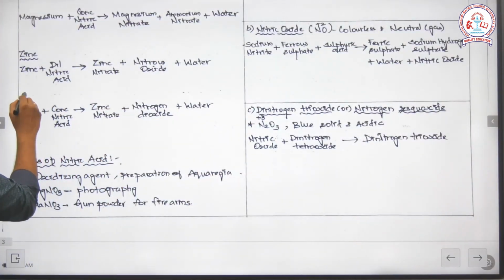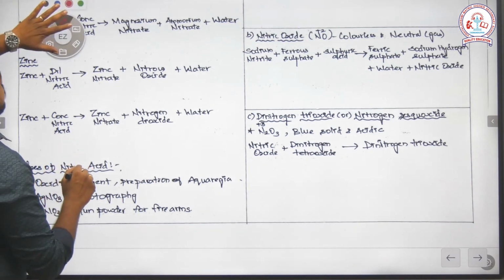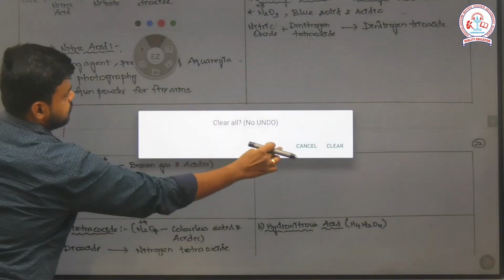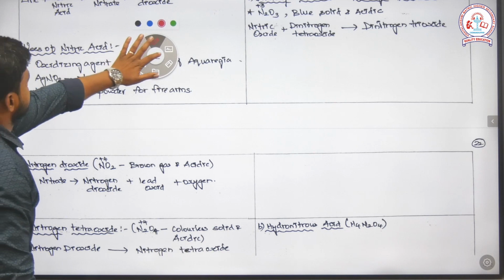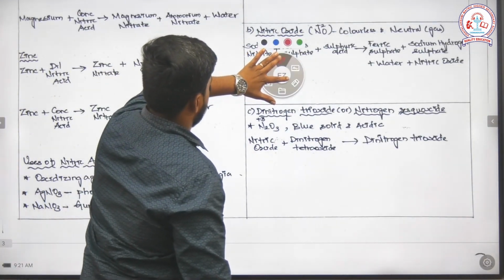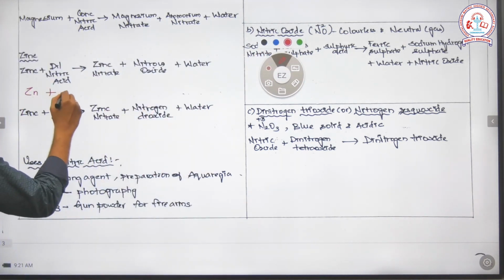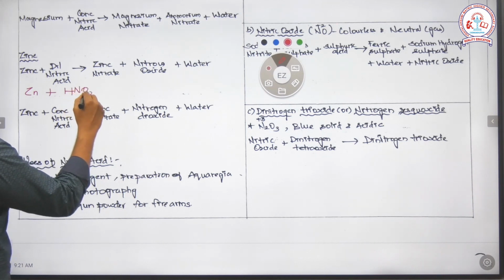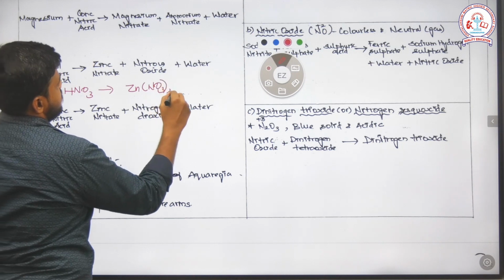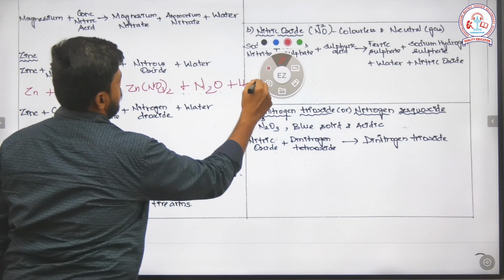If the reaction takes place in the ratio of 4:10 as we have seen in magnesium, let us check. So zinc with nitric acid gives Zn(NO3)2 plus N2O plus H2O.